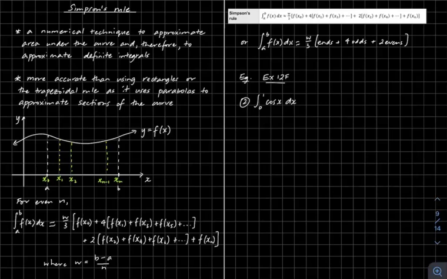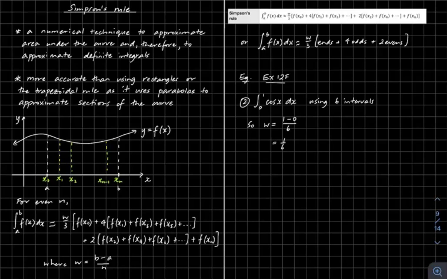So let's do that, and let's do it using 6 subintervals, or 6 strips. In other words, n is equal to 6. So just thinking about that, we would have w is equal to, well, we're splitting the interval from 1 to 0 into 6. So it's going to be 1/6.